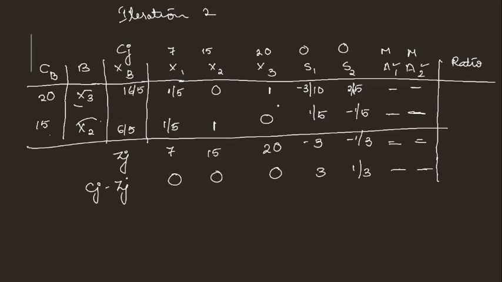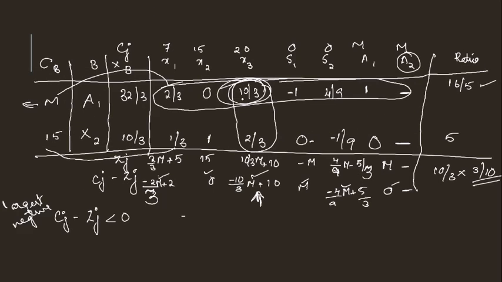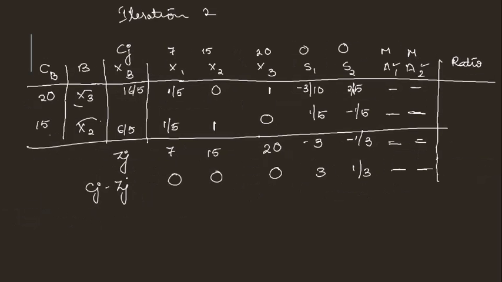In the second row, since this is the key element and I have made it as 1 in the next table, what about this element? You have to make this element as 0. So please do the necessary steps for making this element as 0. That I leave it to you.